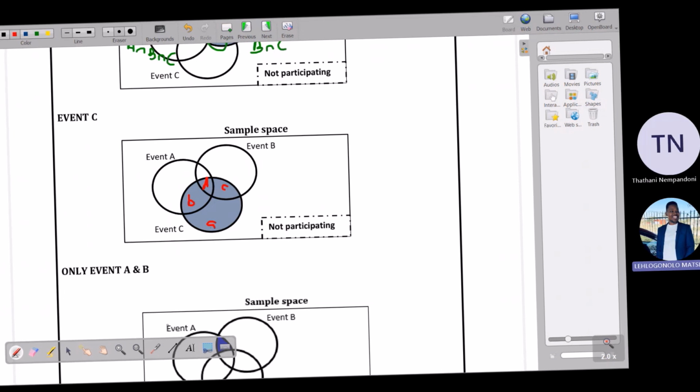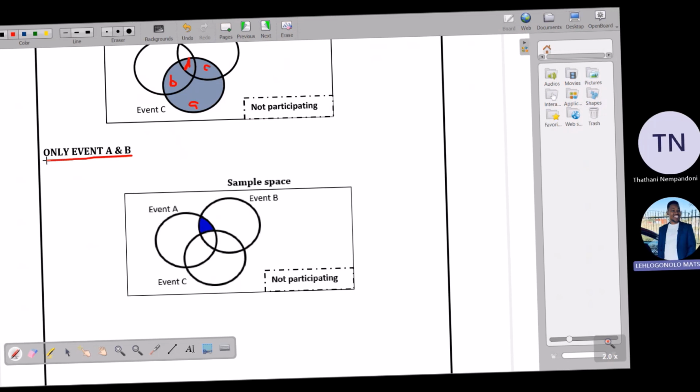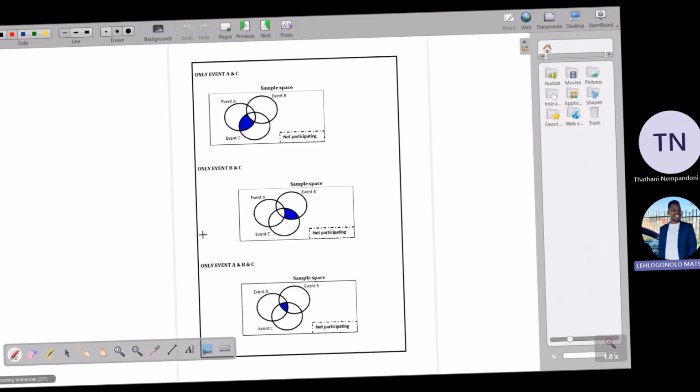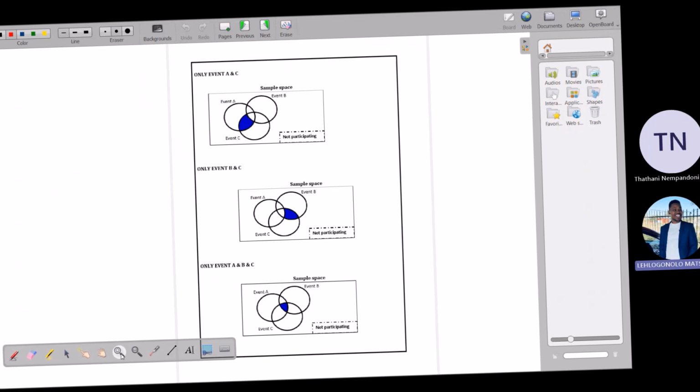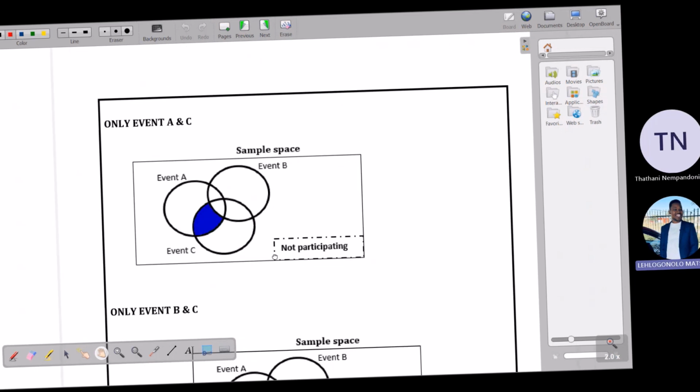And then going further, you can see that we categorize everything I've spoken about in a separate form. When the events happen only in A and B, then they only shade the region that is part of A and B. Then we also have the event occurring in A and C, as you can see by the blue highlighting on the shaded region.